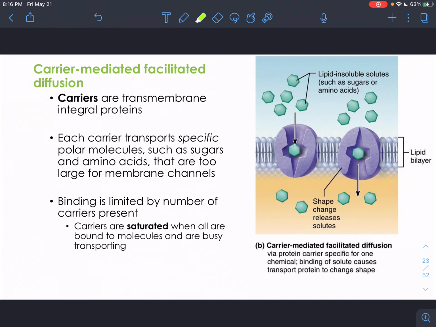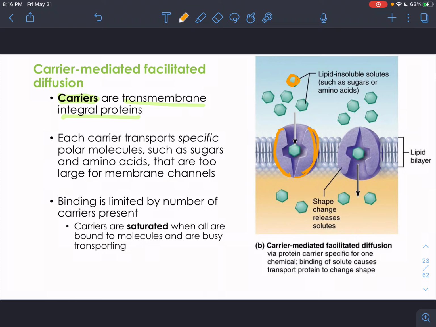For carrier-mediated, you have a carrier that is a transmembrane integral protein. In this image, remember, transmembrane means it goes through the whole membrane. Each carrier molecule, again, just a protein, is able to bind to a specific solute. In this case, say this is some sort of sugar. The sugar is too big to get through the lipid bilayer on its own.